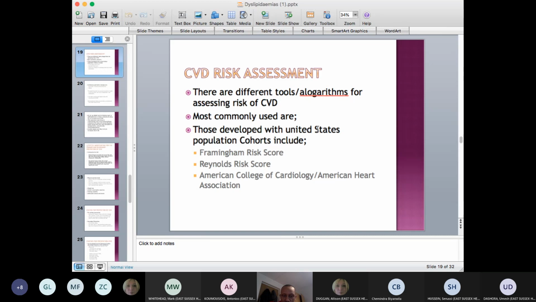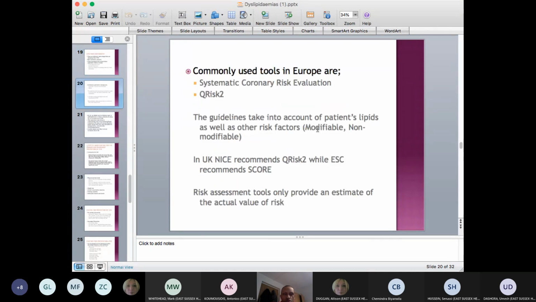There is the Reynolds Risk Score. There is the American College of Cardiology or American Heart Association Risk Score. And there is also what we call the Q-Risk. In Europe there is the Systemic Coronary Risk Evaluation and the Q-Risk 2, which are commonly used to assess cardiovascular risk.